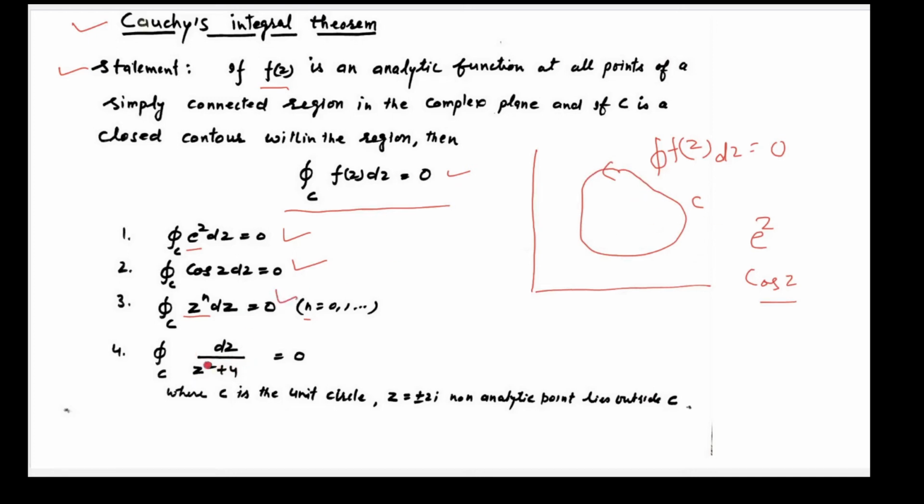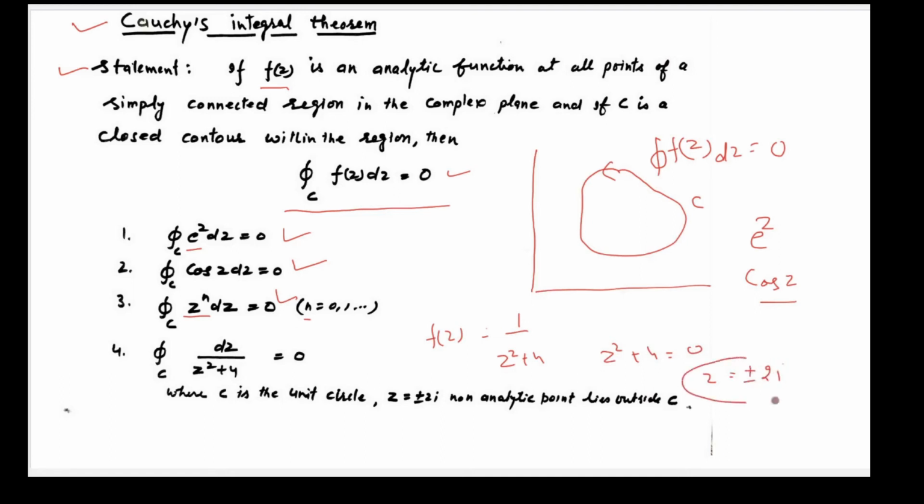Now here f(z) is 1 upon z square plus 4. Setting z square plus 4 equal to 0, z equals plus minus 2i.